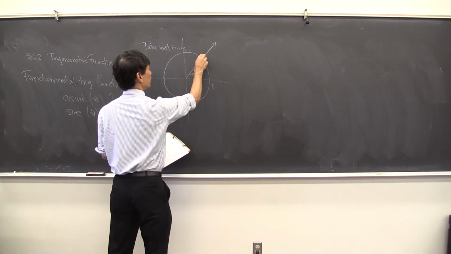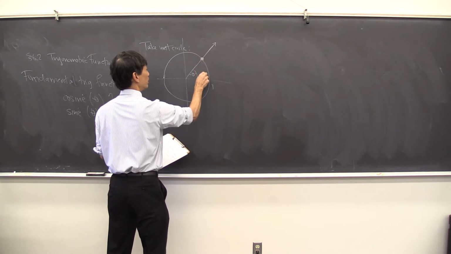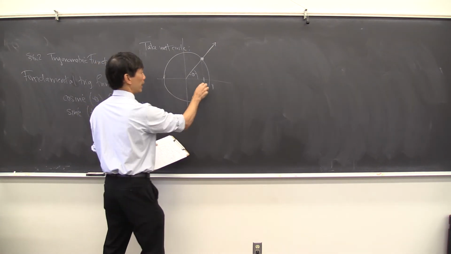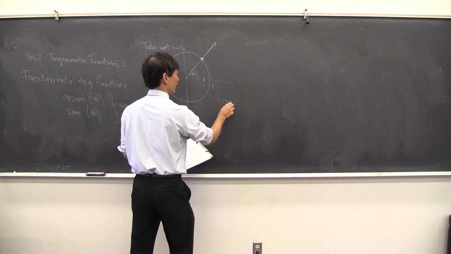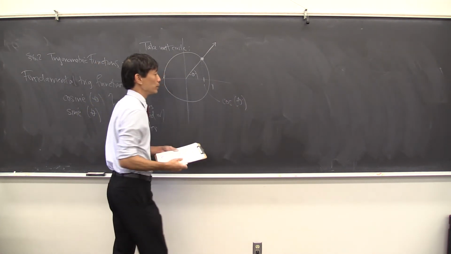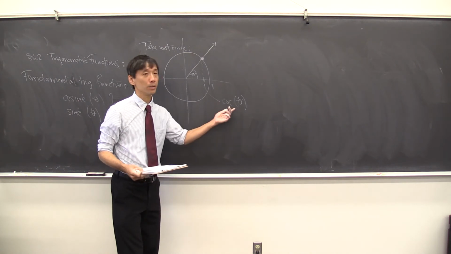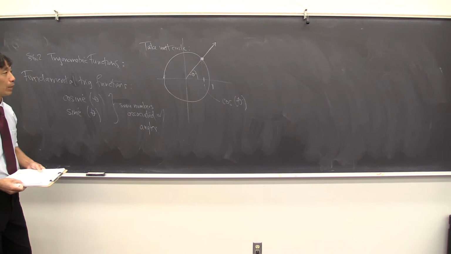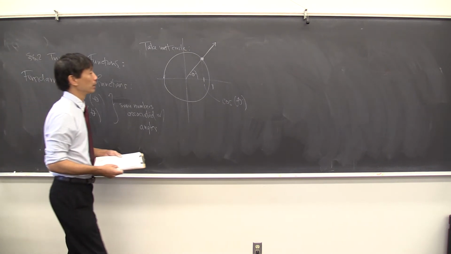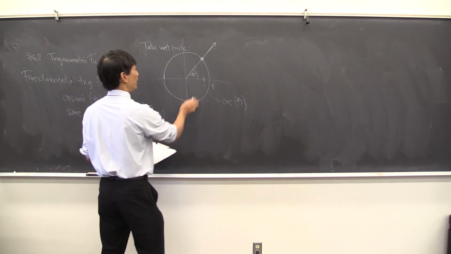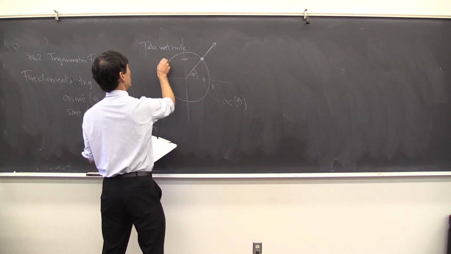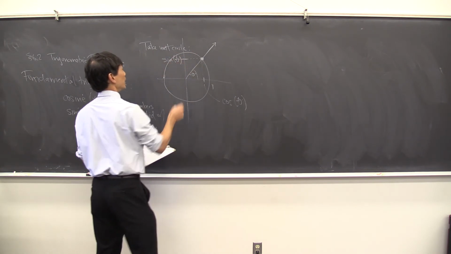And then you look at its x-coordinate. That x-coordinate is called cosine theta, and it's usually abbreviated cos theta, but it's read cosine. And the y-coordinate is what we call sine theta, abbreviated sin theta.